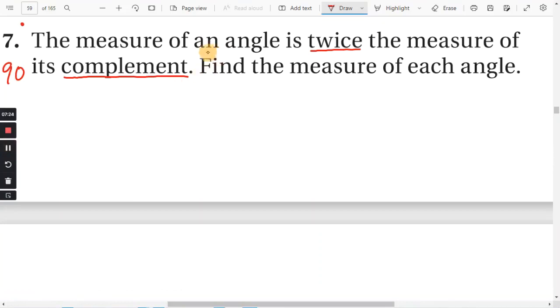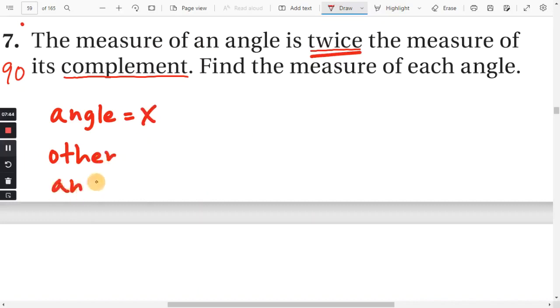Okay, so the measure of an angle is twice the measure of its complement. So we'll make one angle equal to x. Okay, and the other one is twice as much. So the other angle, if it's 2 times as much, it's going to be 2x.